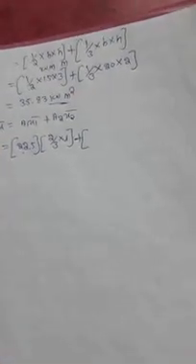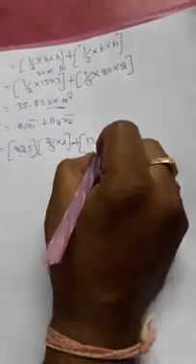Next, plus A2. A2 is the area of the second diagram, which is 40 by 3, that is 13.33.